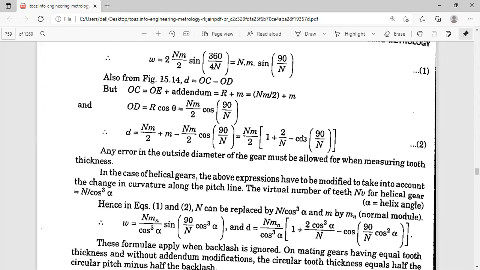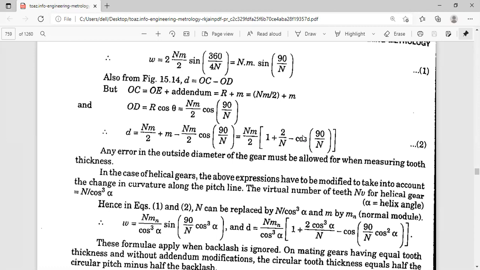So that's very important. Whatever measurements you are doing with the vernier, you are taking the help of the edge of the measuring jaw, because you have measuring jaws on the vernier caliper.